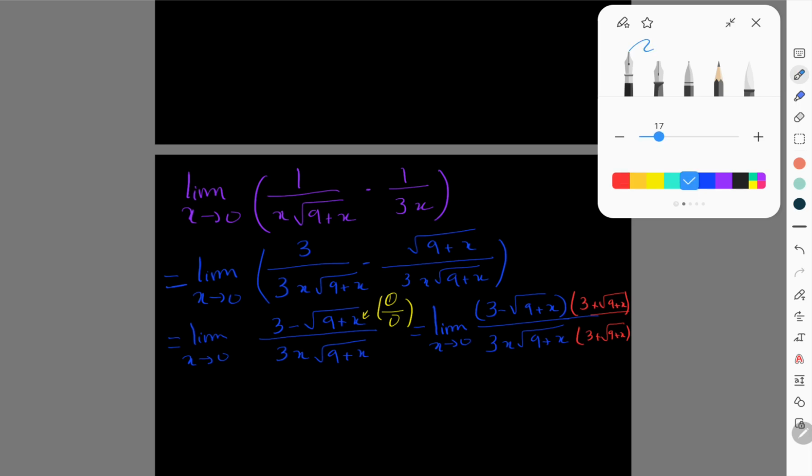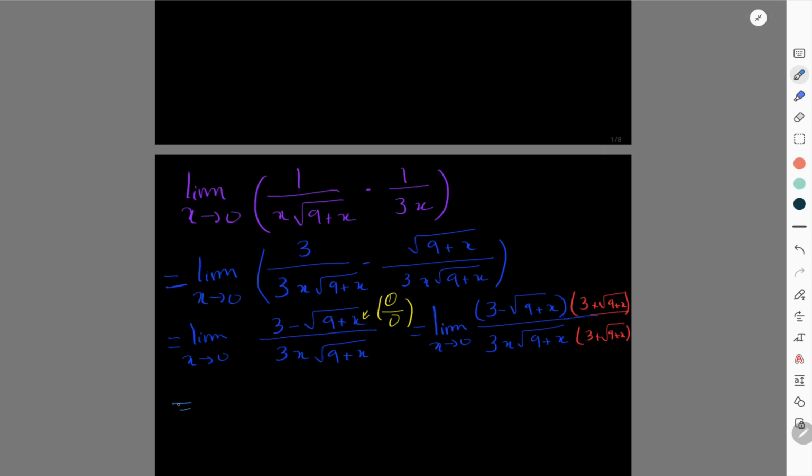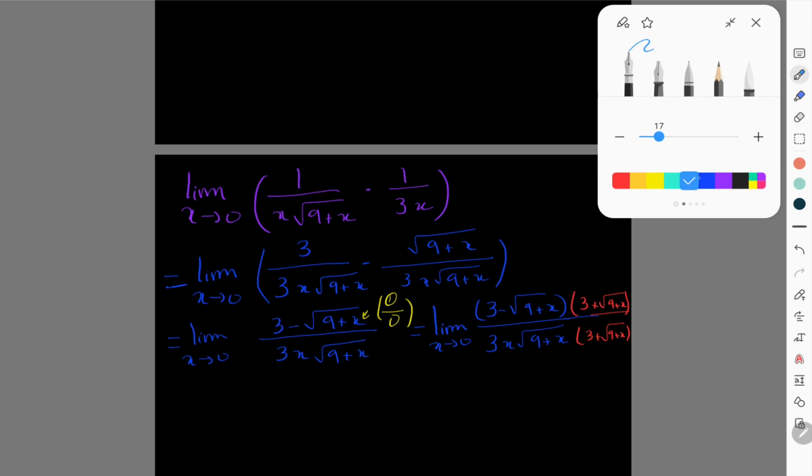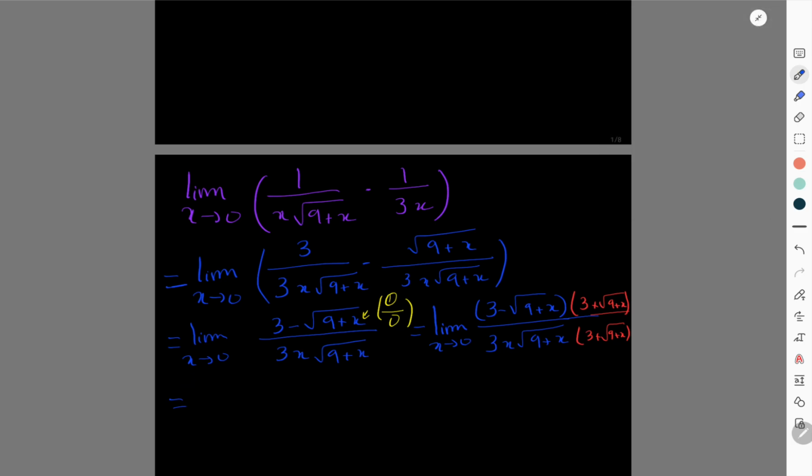And now what we can do is, oops, this is a different color. Let me get that back here. If I expand that, that's what we get: 9 minus 9 plus x, or we can just write minus x here.